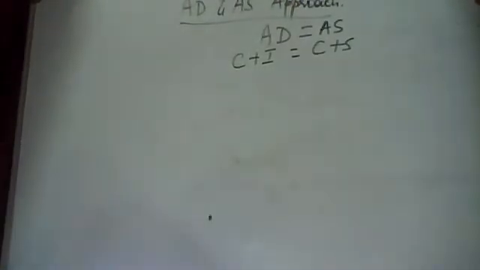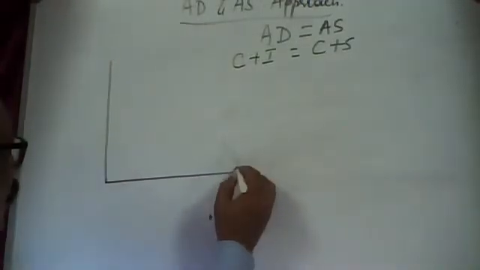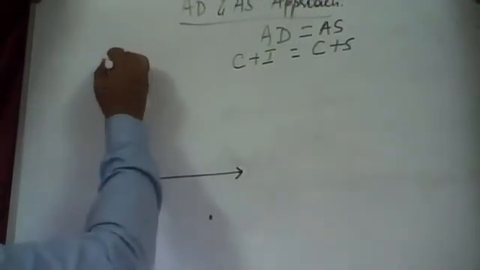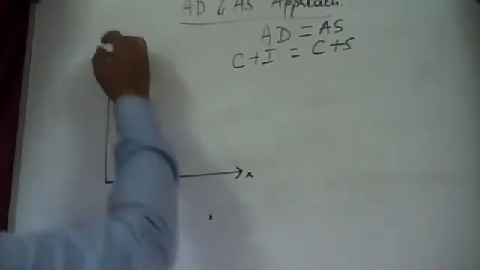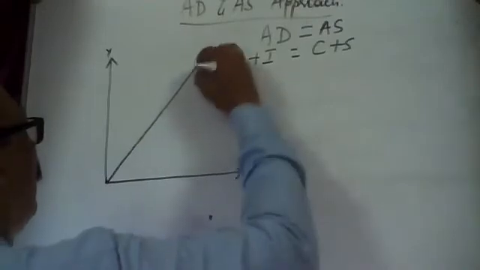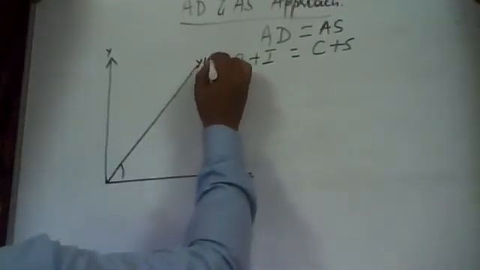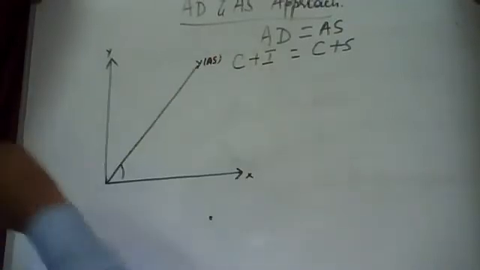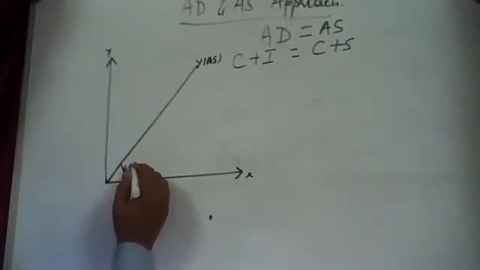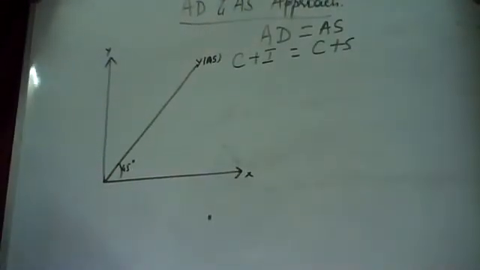Now, let us draw a diagram. We have the x-axis, y-axis, and we have already told you the Y, which is AS. This is your 45-degree angle. Okay, on the x-axis, what will you take?